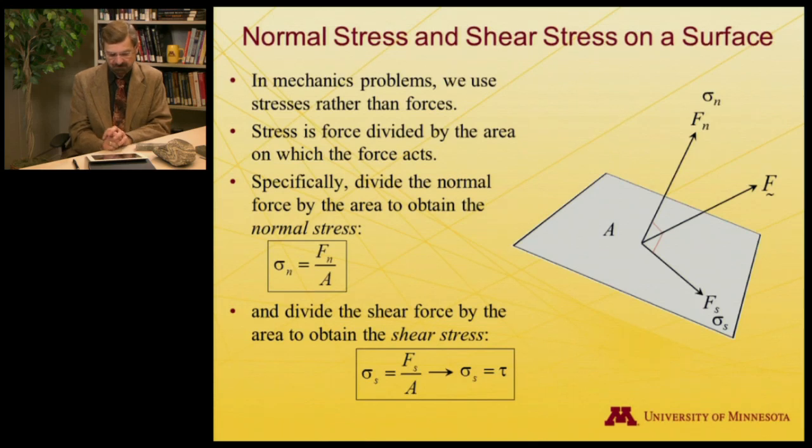And the terminology that's often used, and you'll often see in the literature and in many textbooks, is that rather than writing sigma sub s, that shear stress symbol is replaced by the letter tau, the Greek letter tau. And so you'll see those used interchangeably as Chris and I talk about various problems in the earth sciences.